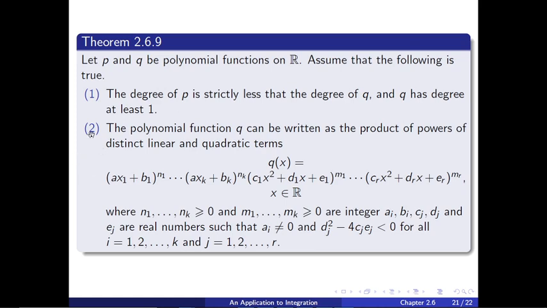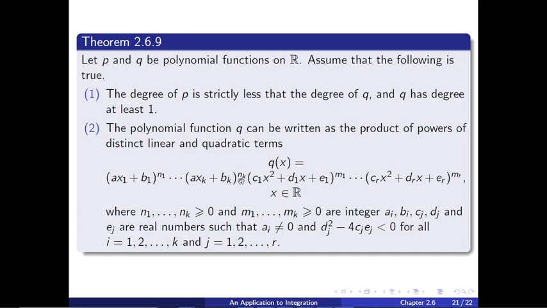And then number 2, the polynomial function q can be written as the product of powers of distinct linear and quadratic terms. So it can be written in this form, where we've got the linear functions here, and then the quadratic functions in that way, where all these numbers are integers greater than 0.